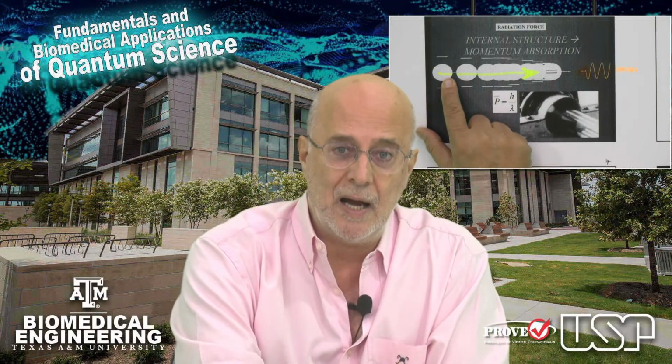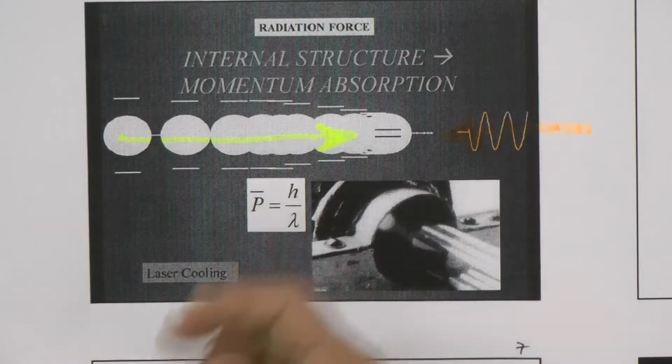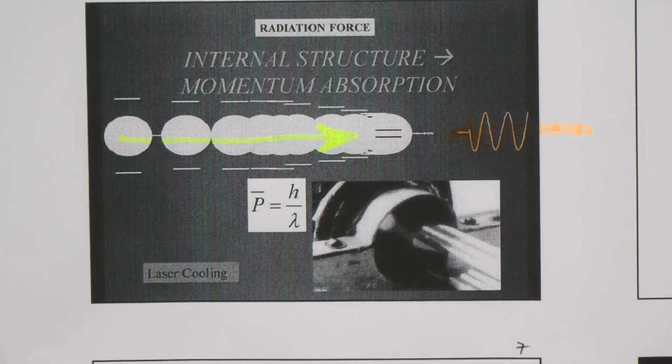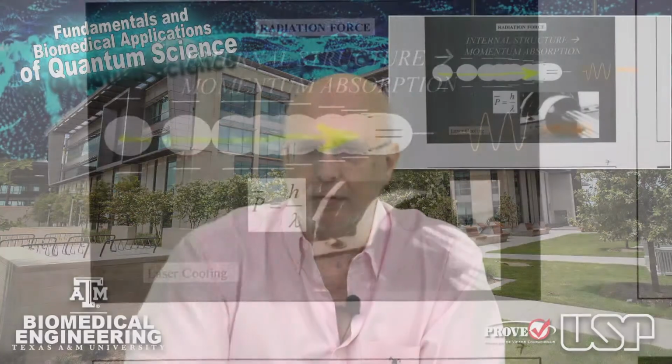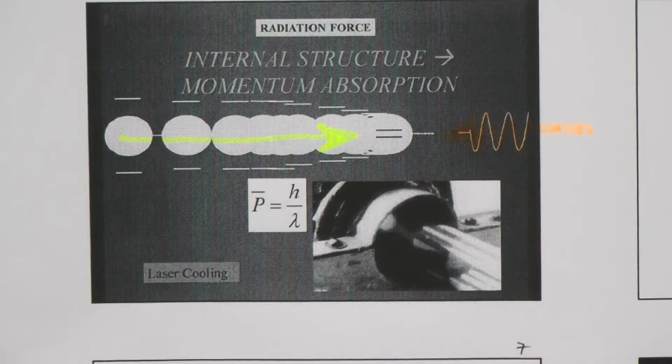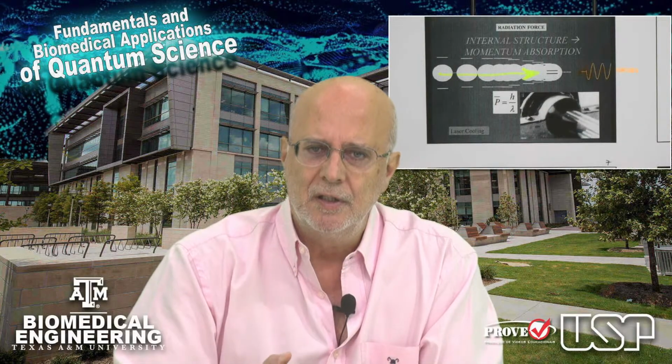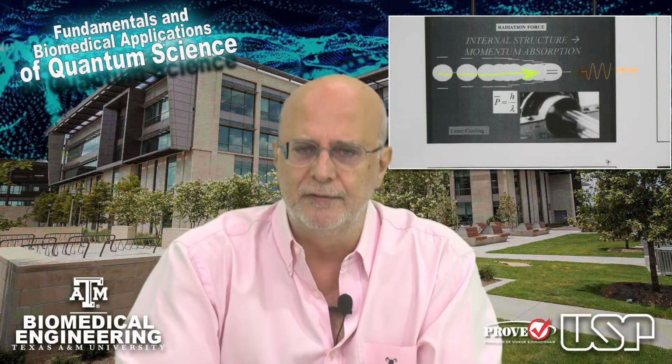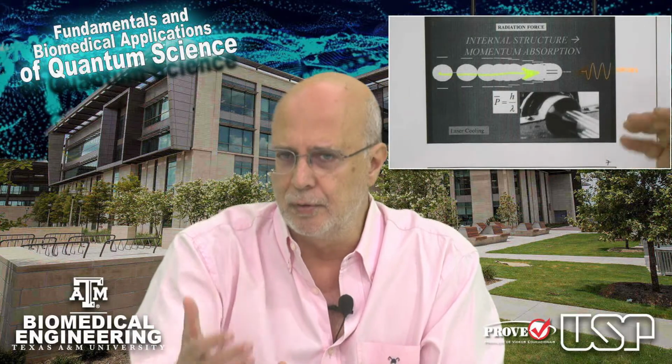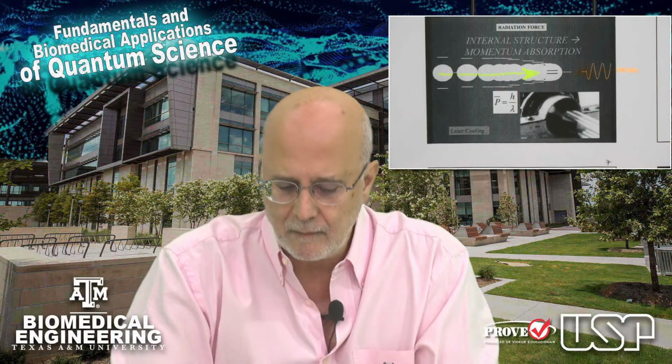I start with an atom that's very fast, typically 1,000 meters per second, and I slow down to centimeters per second. That's a way to start to remove velocity, to remove momentum, and to produce a large wavelength.